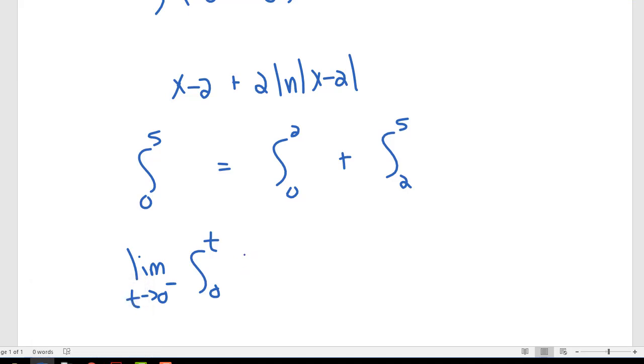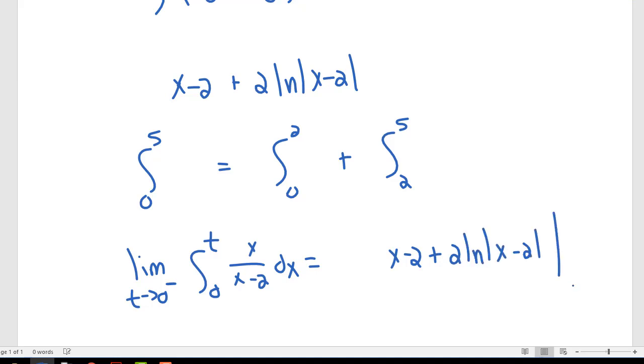So we already did this integral. We said that this was x minus 2 plus 2 ln of x minus 2. So we're going to go from 0 to t, and we're going to take the limit as t approaches 2 from the left.